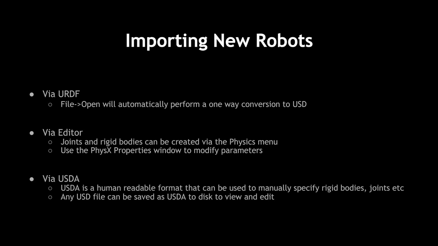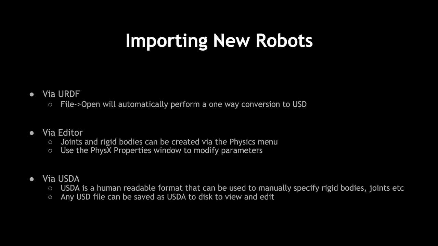Once you have your visual meshes imported, you can, using the physics menu, create joints between the visual meshes, assign them to rigid bodies, and apply mass. There is a special PhysX properties window you can use to dial in some of the custom physics properties, and it provides you a richer interface than the details panel provides.